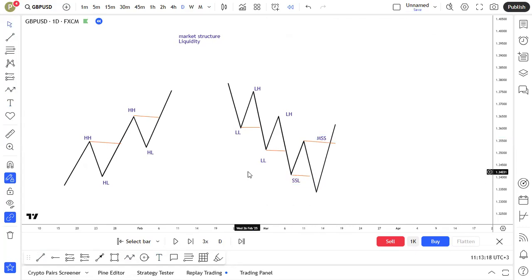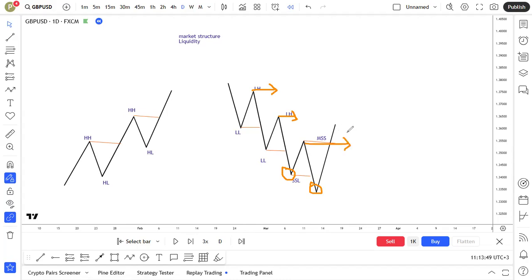Why? Because when price broke this previous lower low, we expected price to continue going down. Price is not supposed to break these lower highs when we are bearish. Never should price break these lower highs if we want to see price in a bearish market.